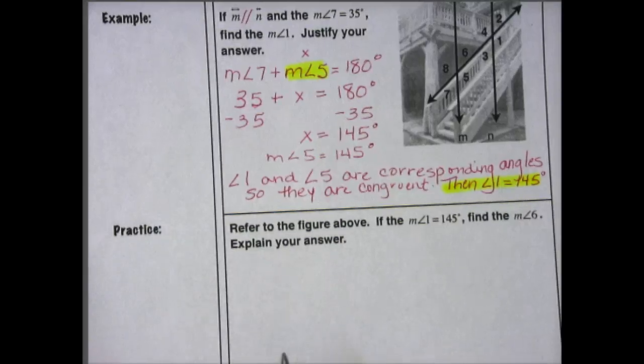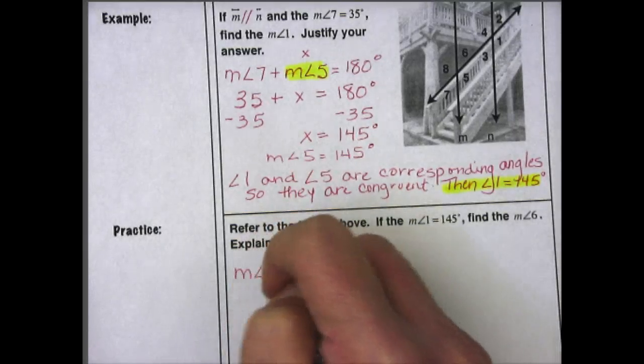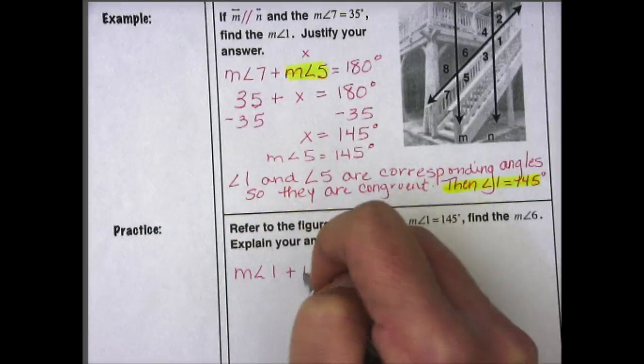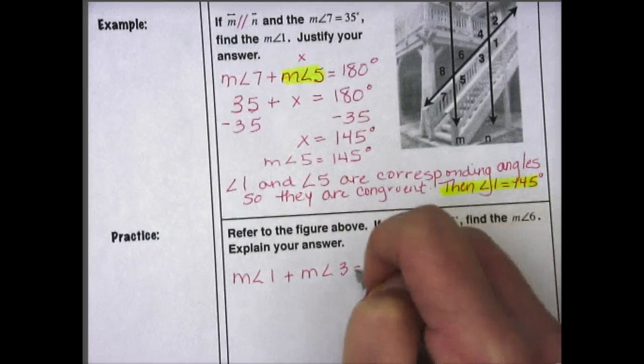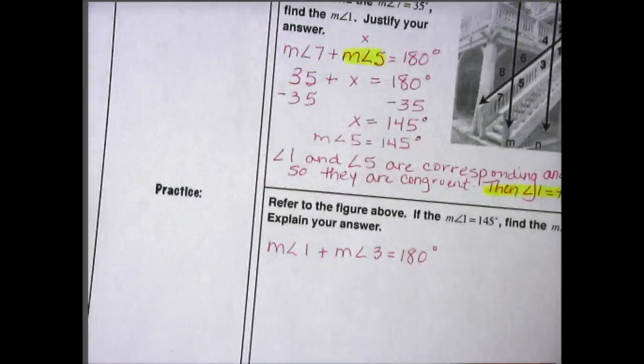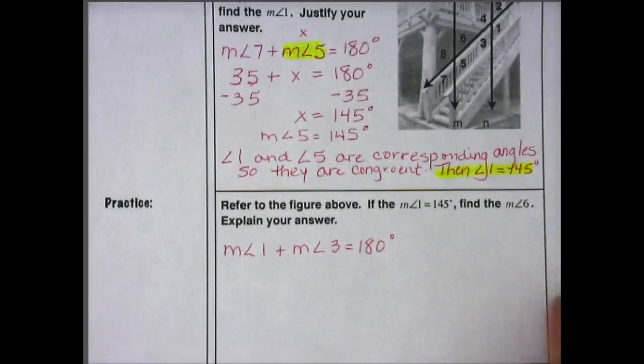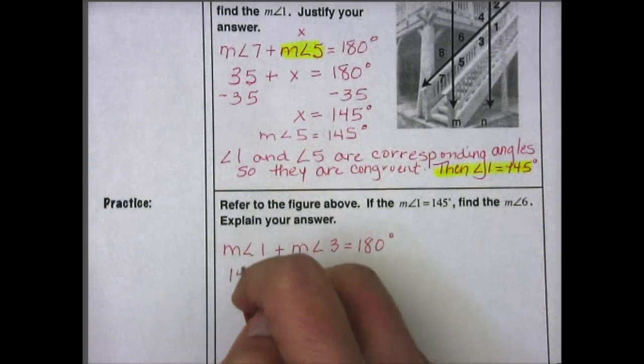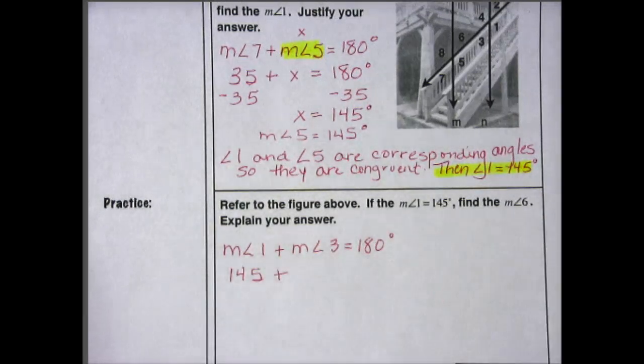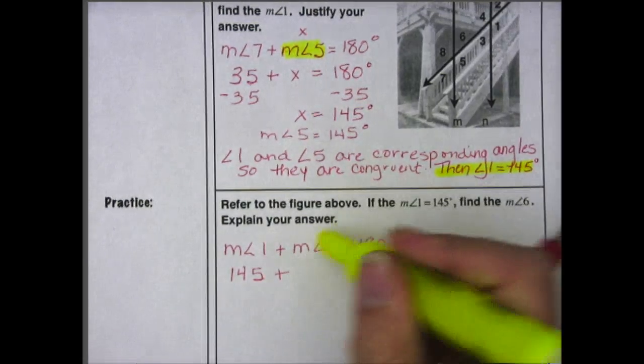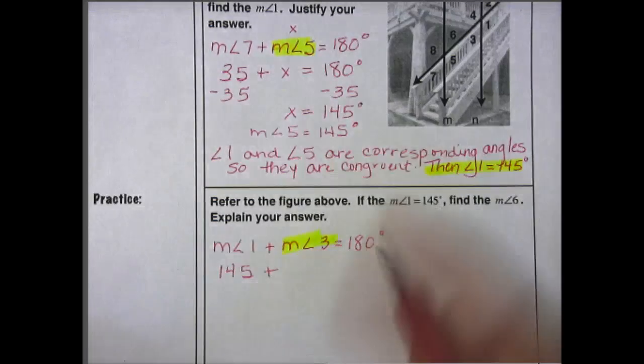So let's take a look at one way we can figure out what angle 6 is going to be. I think that I would probably do angle 1 and angle 3. So I know that the measure of angle 1 plus the measure of angle 3 equals 180 because they are supplementary angles. We know that the measure of angle 1 is 145. We don't know the measure of angle 3, so let's call that one x.